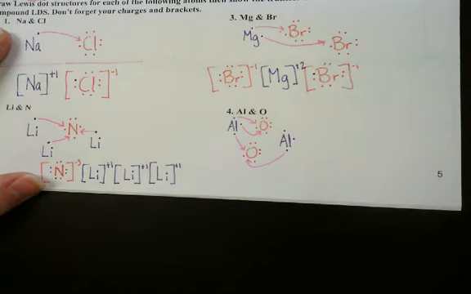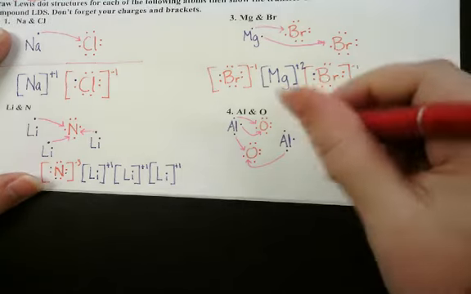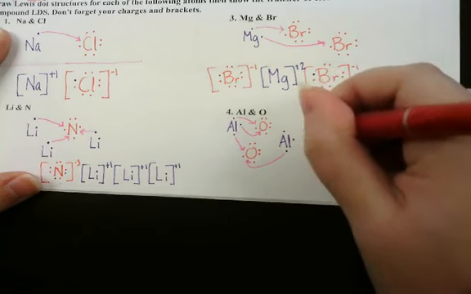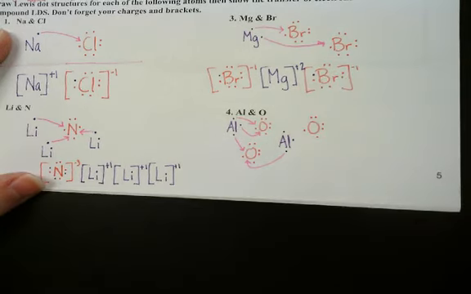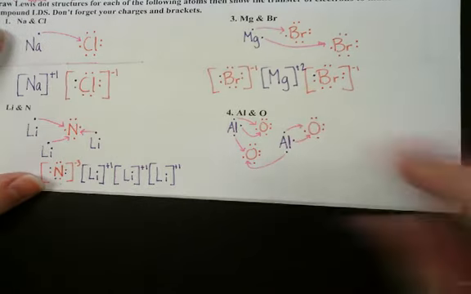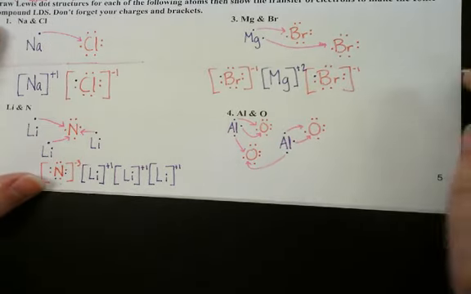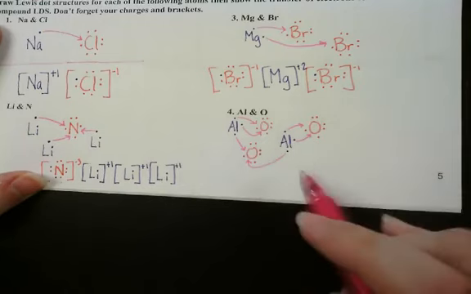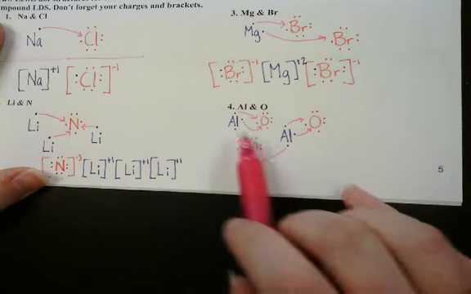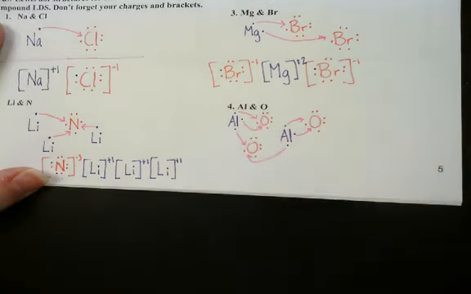No. So what are we going to have to do? Bring in another oxygen. So what you're going to do for these guys is you're just going to keep adding whatever you need to add until everyone is happy. All of your metals have 0, all of your nonmetals have 8. So it ended up with us needing 2 aluminums and 3 oxygens.